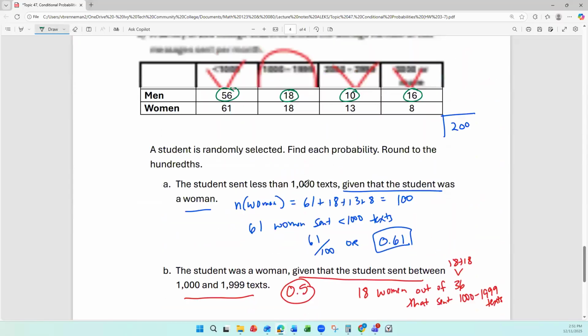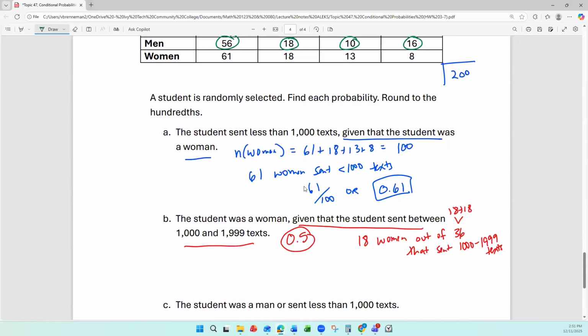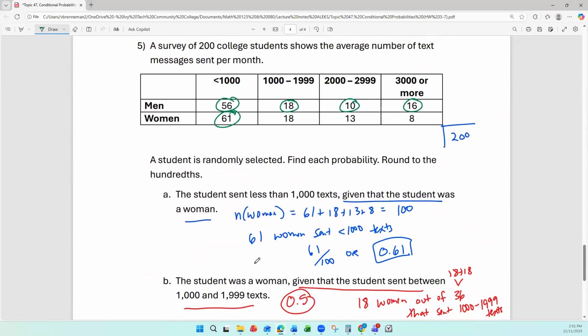Or sent less than 1,000 texts, so that means these 61 women also are included in this group. So if there's 100 women total, and 200 altogether, then 200 minus 100 means there's also 100 men total. And so I don't have to add up the 56 and the 18 and the 10 and the 16. That's 100.